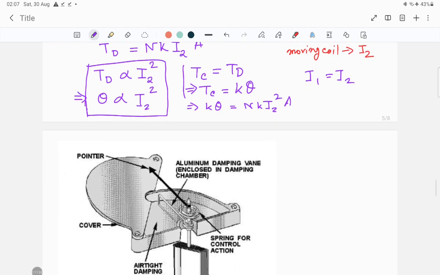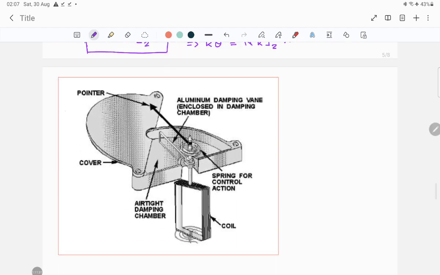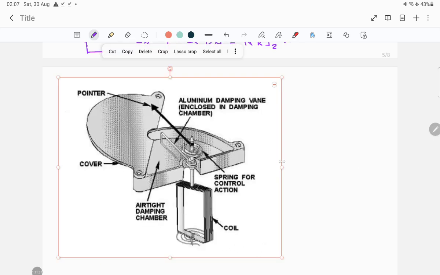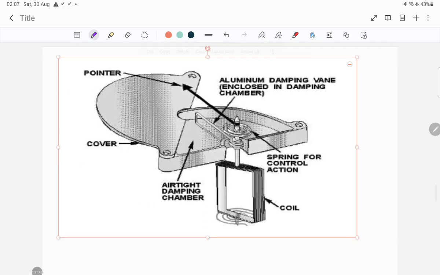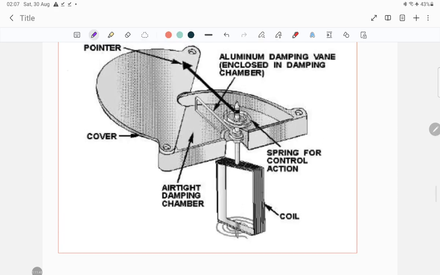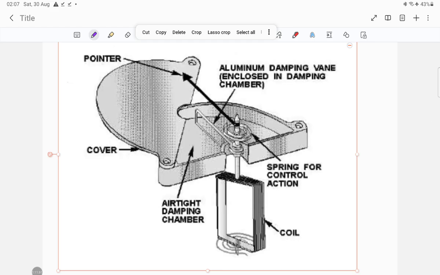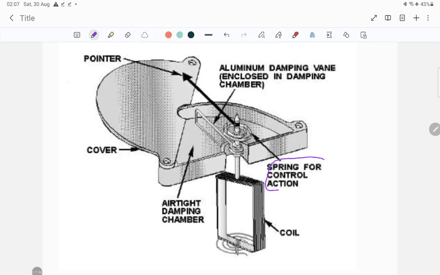Now if we look into the construction of this electrodynamic coil, here you can see there is the spring coil for control action. Now to provide a damping effect, in the PMMC the damping effect is provided by the eddy current, but over here we are providing mechanical damping.